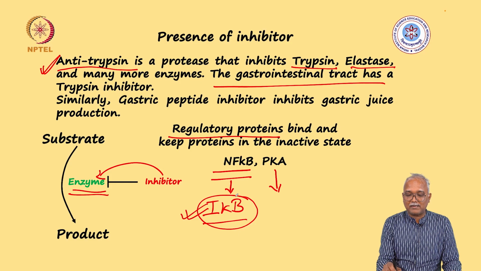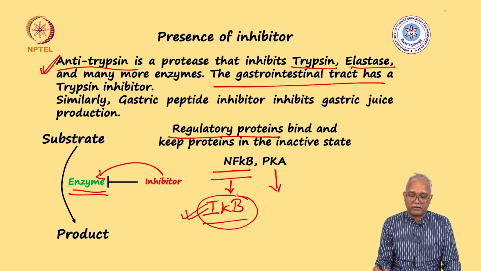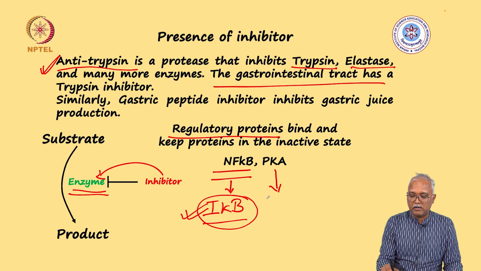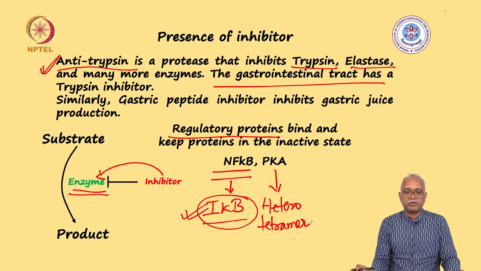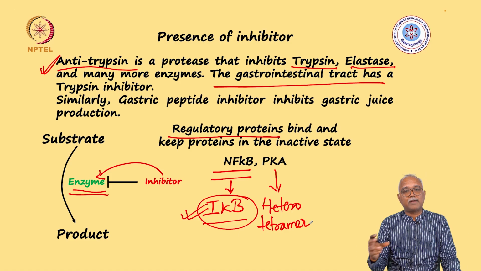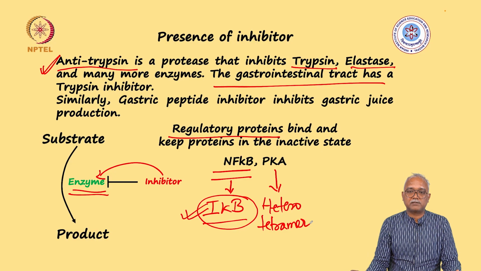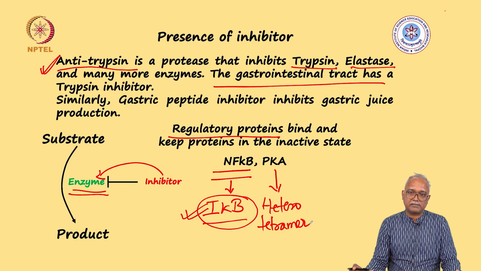Here protein kinase A, this particular molecule, is a heterotetrameric type of protein. So two subunits of this heterotetrameric protein have the catalytic activity, and the other two subunits of this enzyme are the regulatory subunits.